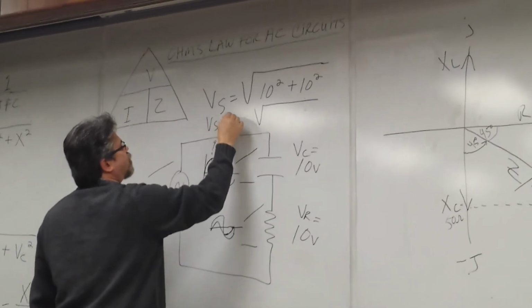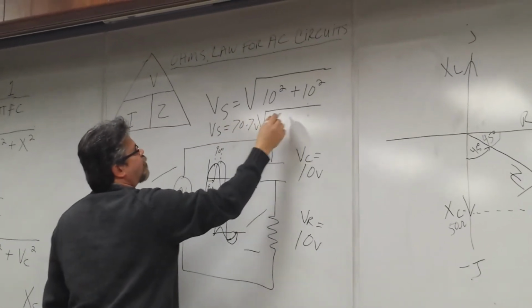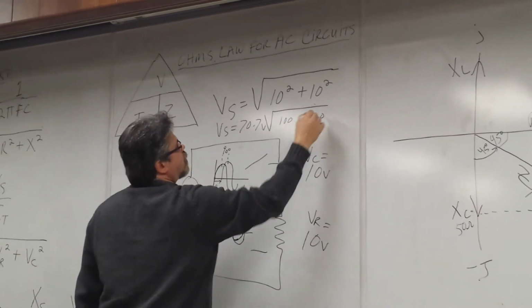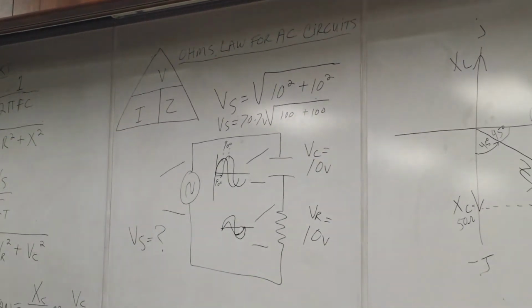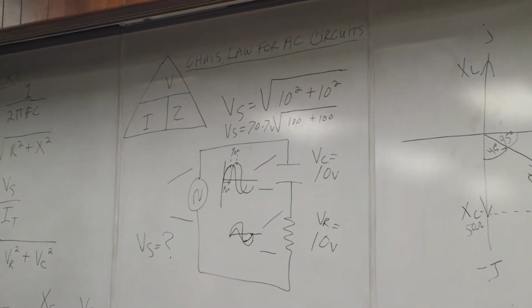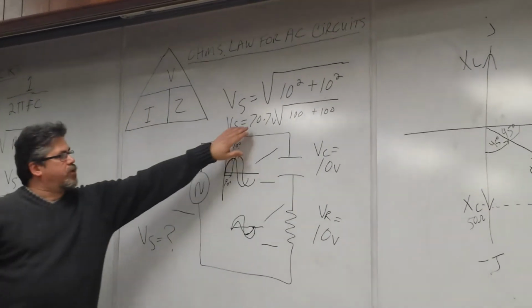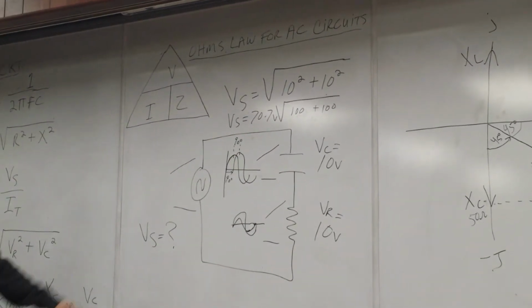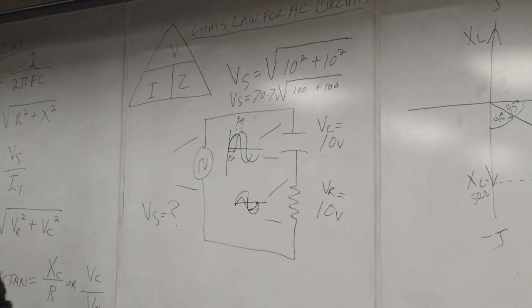Vs would be equal to 70.7 volts. Okay. So that would be the answer. If you square the two values, add them, and then take the square root, you end up with the source voltage.